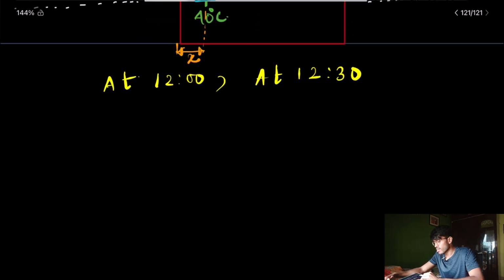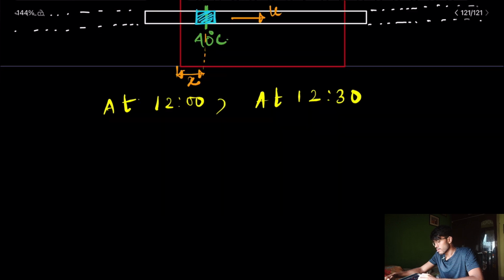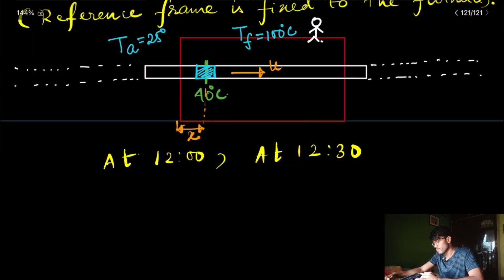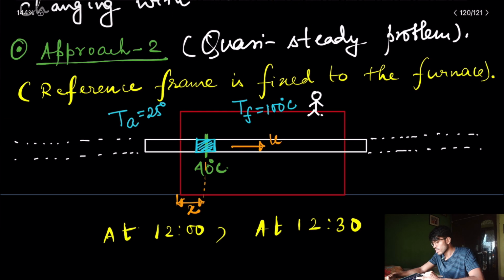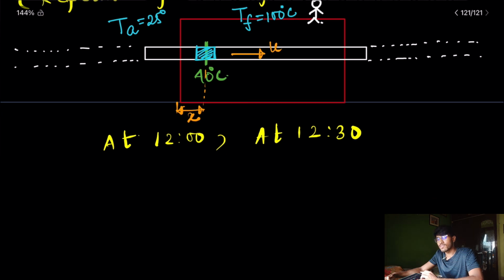Now let us solve the problem with approach 2. Let us draw again the 2D view of the sheet, and now I will not draw a full rectangle.